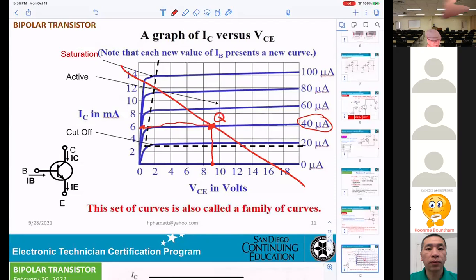So now it's easy to design. You can use a simulation program. The only thing you need is to change the value of RB, RC, or RE to get the current and the voltage you want. But that's for the designer.